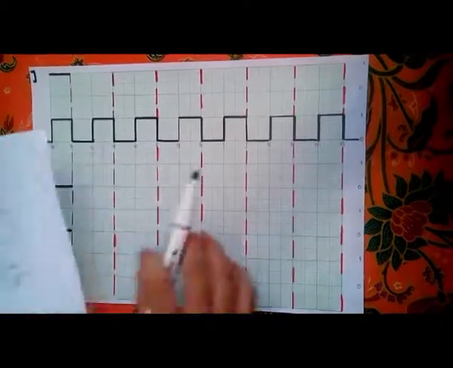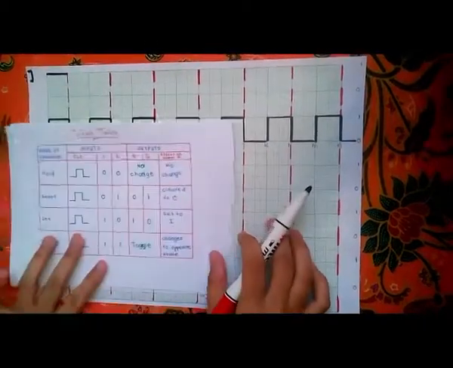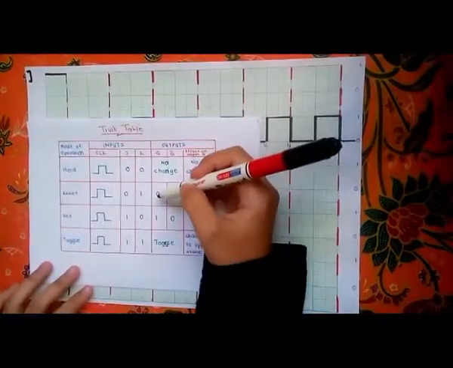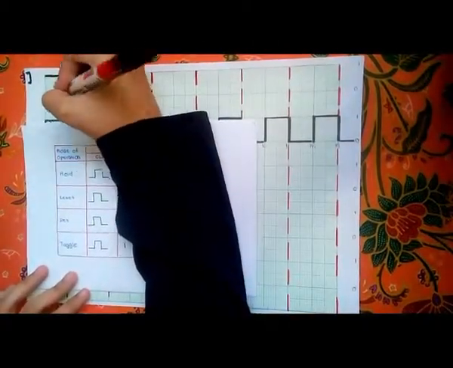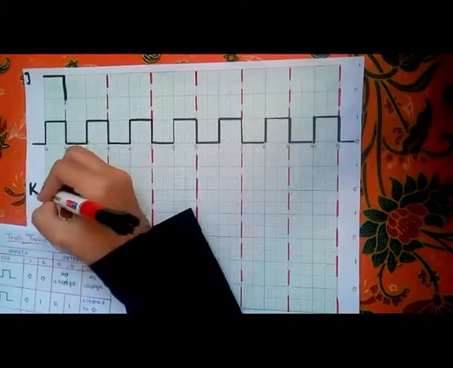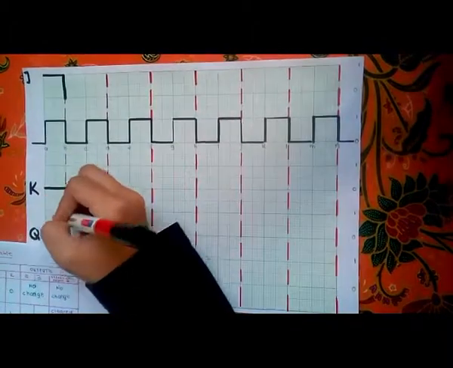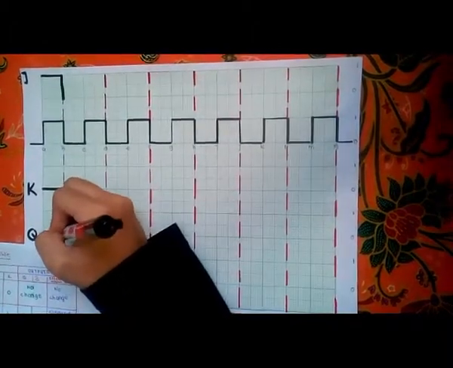The truth table states that in order to get Q as 0, J must be 0 and K must be 1.